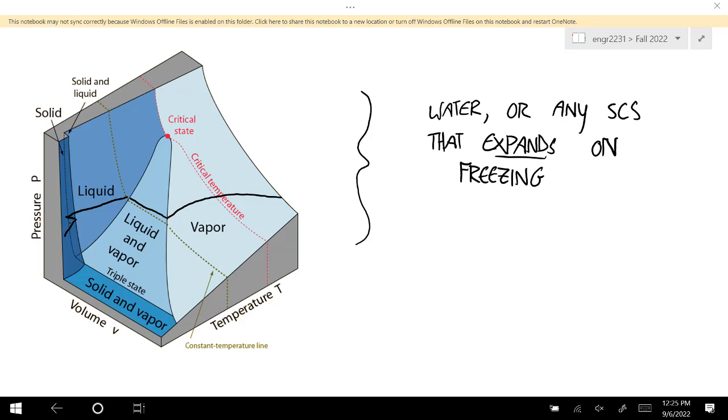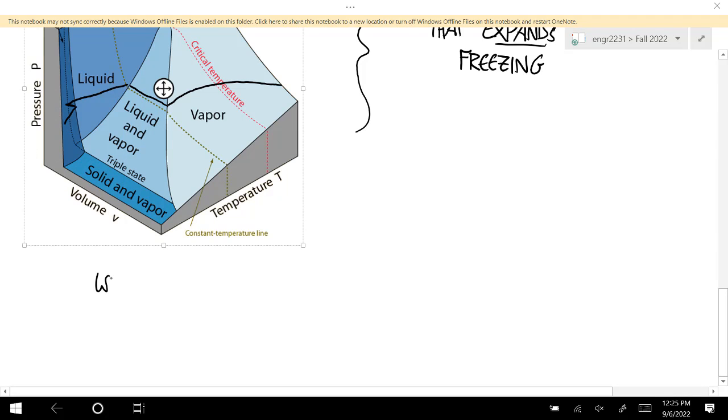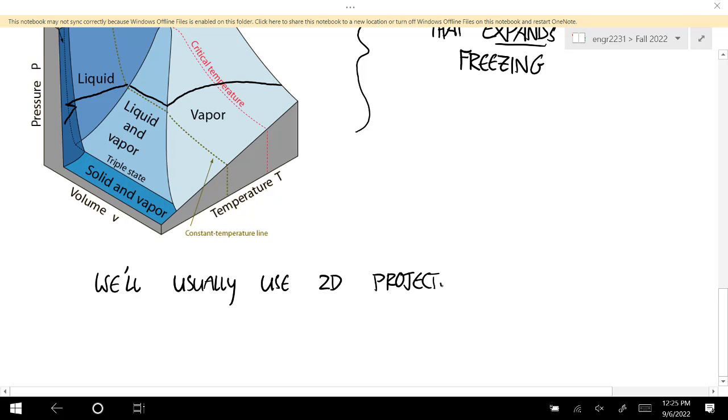At the phase change, you start to change to a solid, and that solid has a greater specific volume than the liquid. We will usually use two-dimensional projections of this surface rather than the 3D surface.